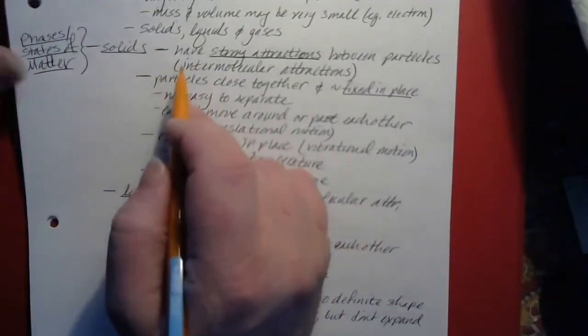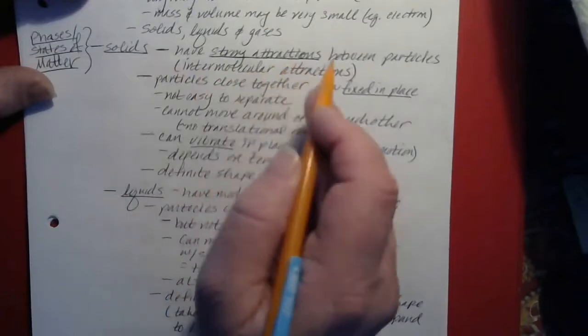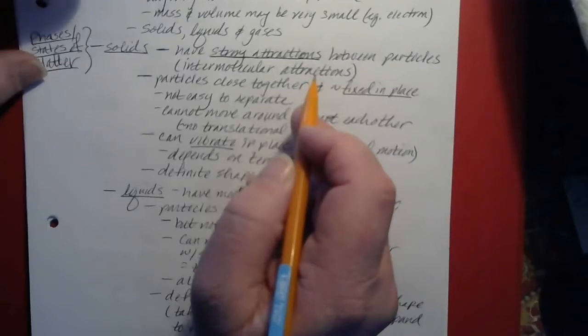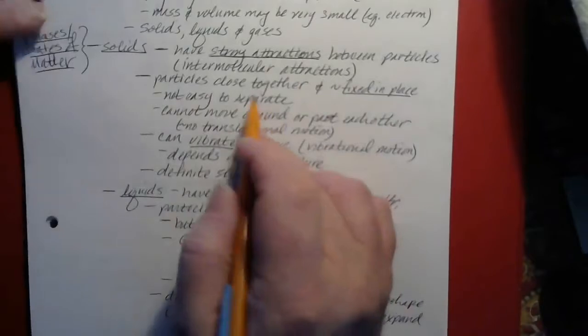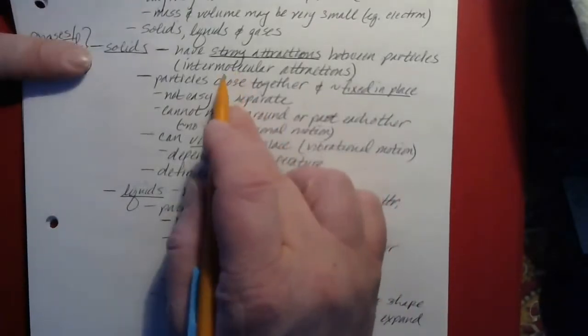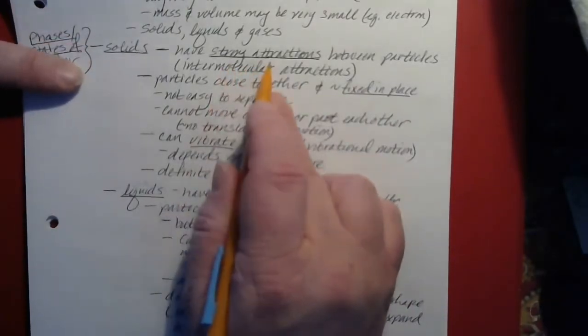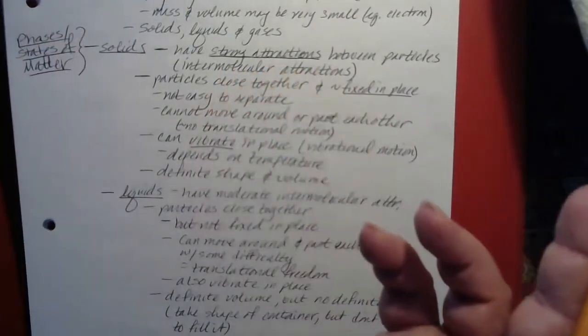But anyway, for solids, you can probably guess, the attractions between the particles are relatively strong. These are known as intermolecular attractions because they're attractions between molecules, but sometimes they're between atoms also. So if you have very strong attractions between the particles, what does that mean?